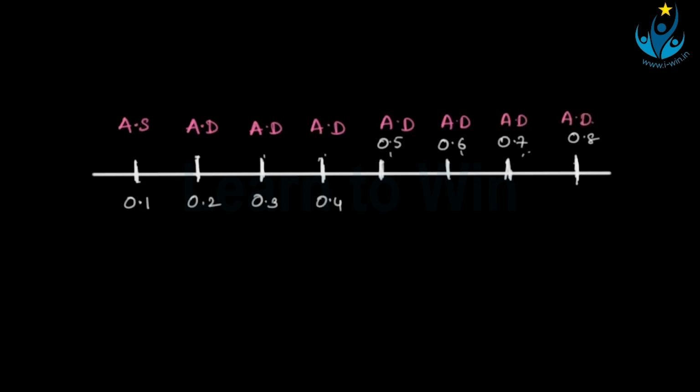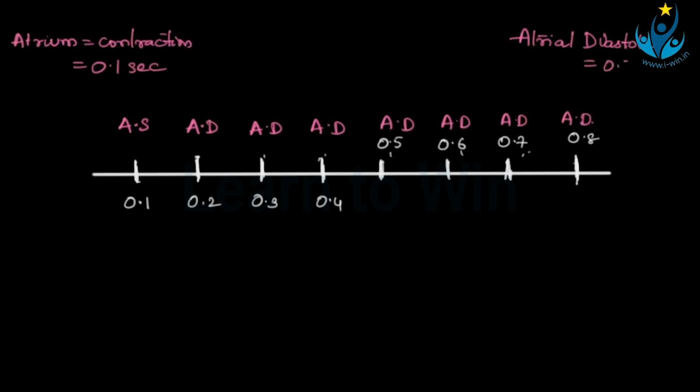This means the atrium is in contraction, or in systolic mode, for only 0.1 seconds, and the rest, 0.7 seconds, is atrial diastole.